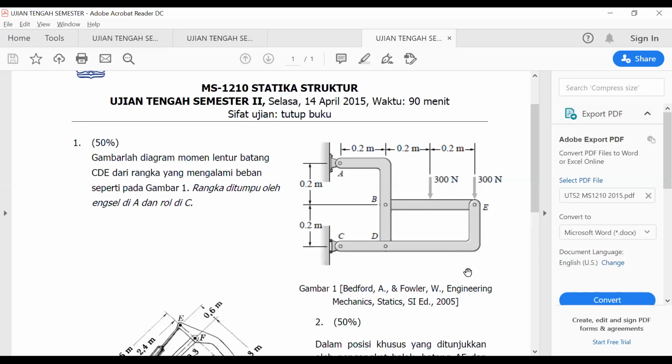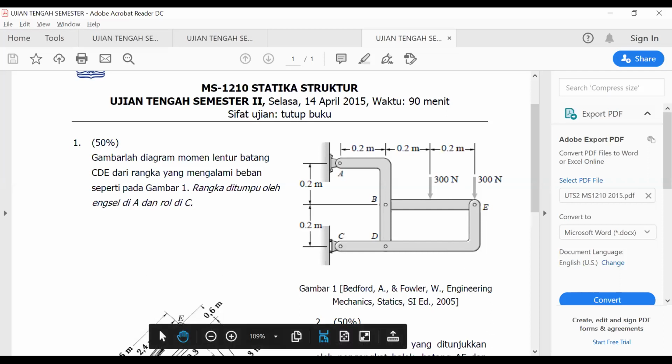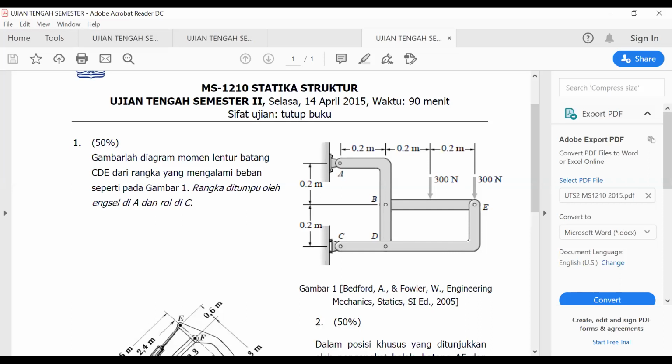Sir, I have a question. Yes, Victoria. About this question, we do only CDE, right? Yes, so the forces from bar AB are moved to point D. So we cut between CD and between DE?